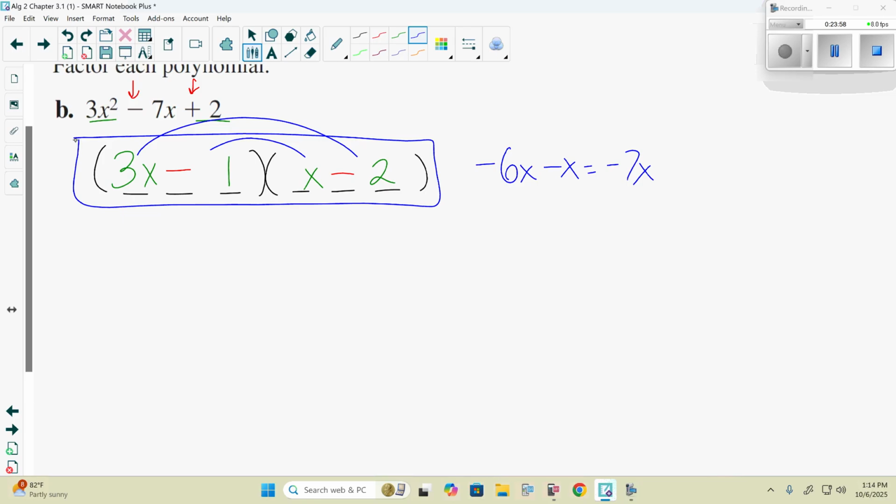When we combine the middle term, it's still negative. If the third term is positive and the middle term's positive, a positive plus a positive for the middle term is going to be positive, and a positive times a positive is still positive. The signs tell us what it is. We don't have to look at all the factors of 2, negative 1, negative 2, 2, and 1. We can get the sign.